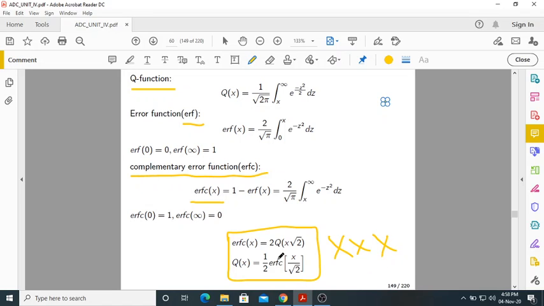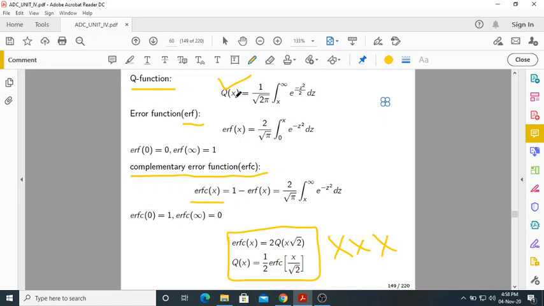Please remember, we always express the probability of error either in the Q function format or in the complementary error function format. Mostly we express it in the form of Q function, or sometimes in the form of ERFC, complementary error function. You must know these two.